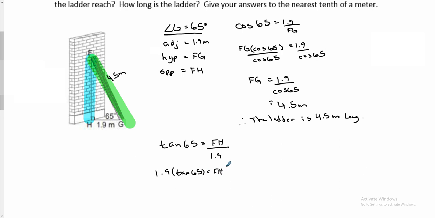We plug that into our calculator. And that gives us 4.1 meters is equal to FH. This tells us the ladder is 4.1 meters up the wall.